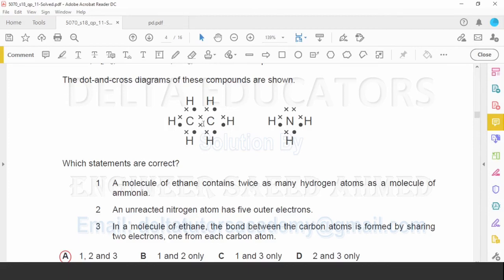Yes, it is correct. Carbon has valency 4. When a carbon-carbon bond is formed, one electron of this carbon is shared with one electron of the second carbon atom, making a covalent bond. So all the 3 points are correct and it is given in option A.